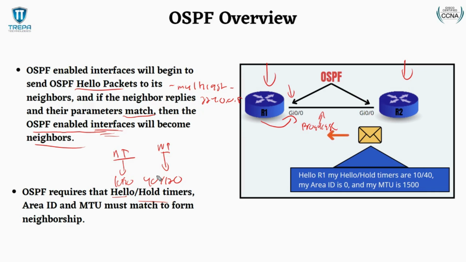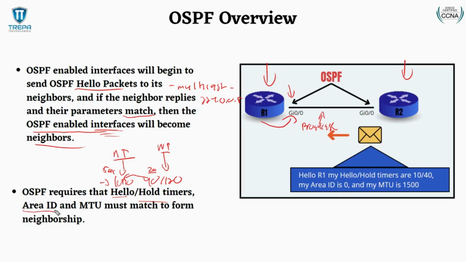And for anybody that loves math, you're going to notice that this hold timer is times 4 of this hello timer. So what does that mean, right? Essentially, if you change the hello timer to 5 seconds, this hold timer should switch to 20 seconds. When we get into our labs, we're going to see if that change actually happens. We'll check the interface to see if it made that change and do a Wireshark capture.